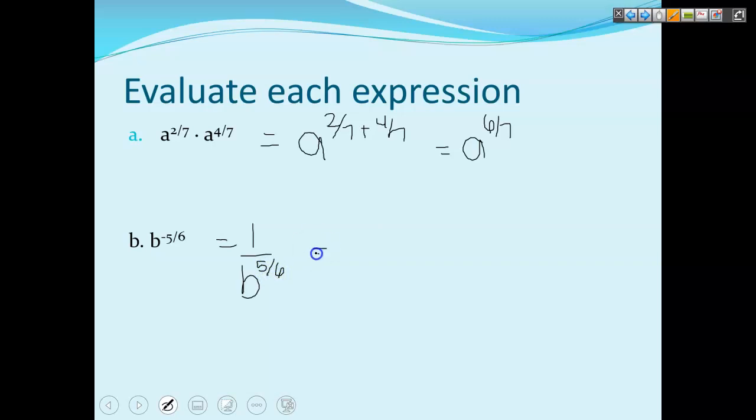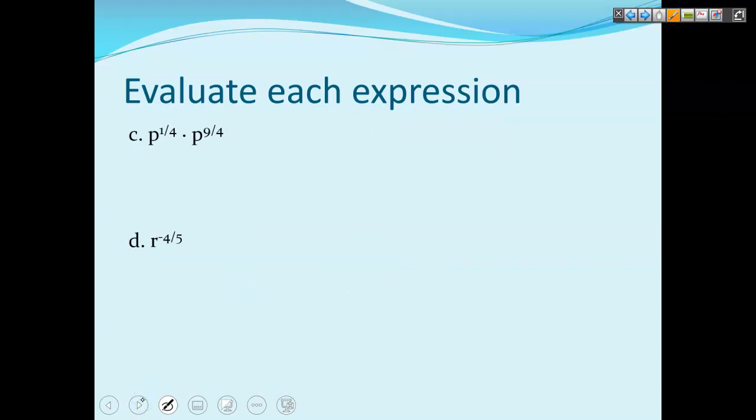And then if it doesn't specify, you can leave it in exponential or radical. Either one is fine. So if the directions don't specify, it is a choice. If it were a multiple choice test, usually the multiple choice matches the original.